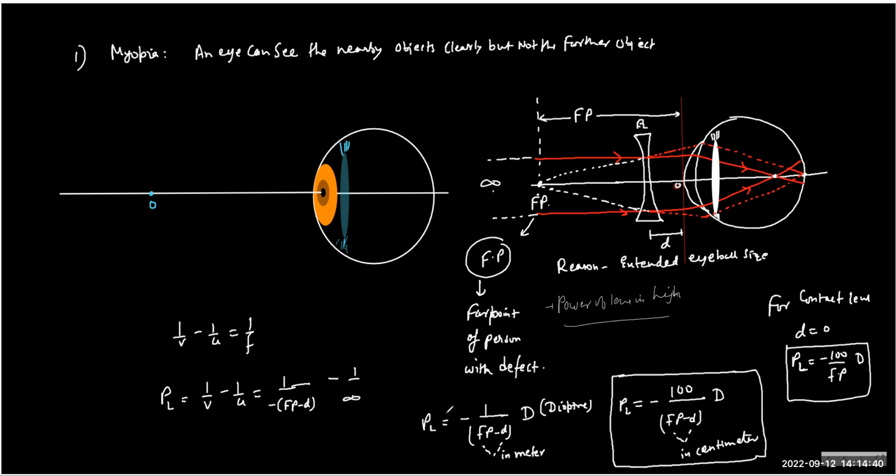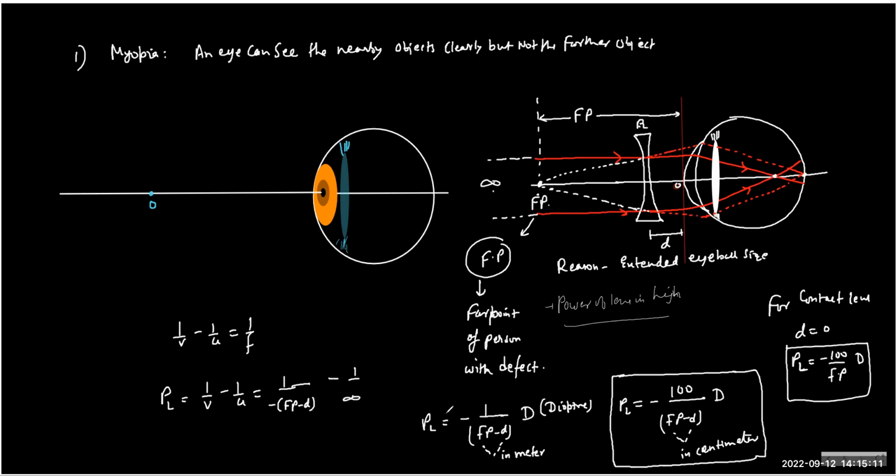So if I ask you, if your far point is let's say 200 centimeter, what is the power? Technically the person should have infinity as the far point, but what if your far point is 200 centimeter, which means you can only see something either at 200 or before 200.